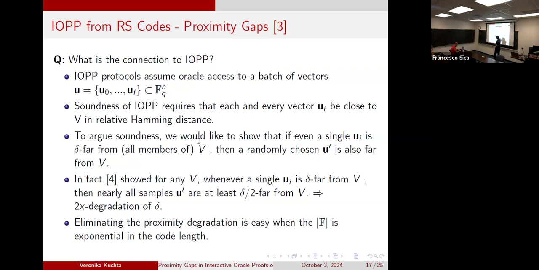So to argue soundness, we want to show that even if a single Ui from this set that is given to the verifier is delta far from a Reed-Solomon code, then it would automatically mean that a randomly chosen U prime is also delta far from a Reed-Solomon code.